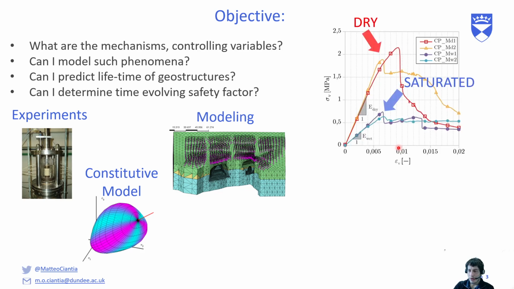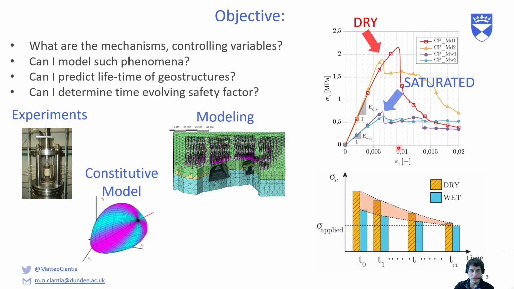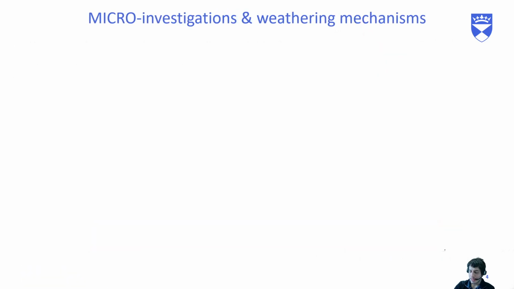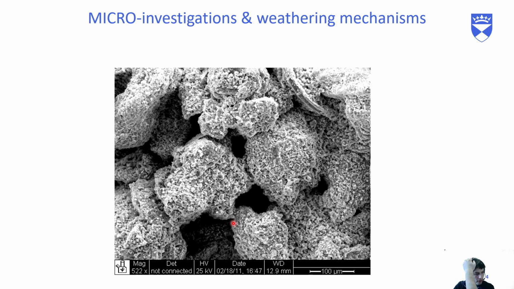The starting point was that we knew that the dry and saturated strength were very different. Also, the stiffness would decrease with saturation, and in the long term, we would also have a decrease in strength with time. The question, so why was this happening, motivated an extensive experimental campaign, and thanks to micro investigations, weathering mechanisms were identified.